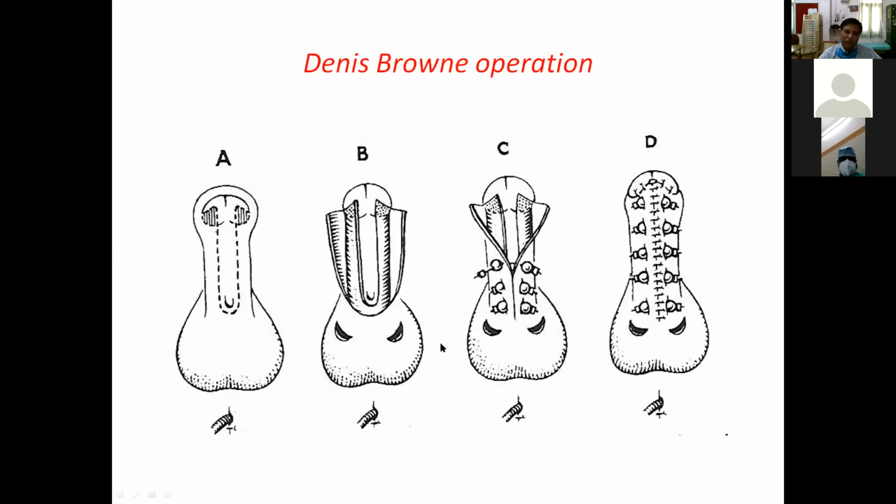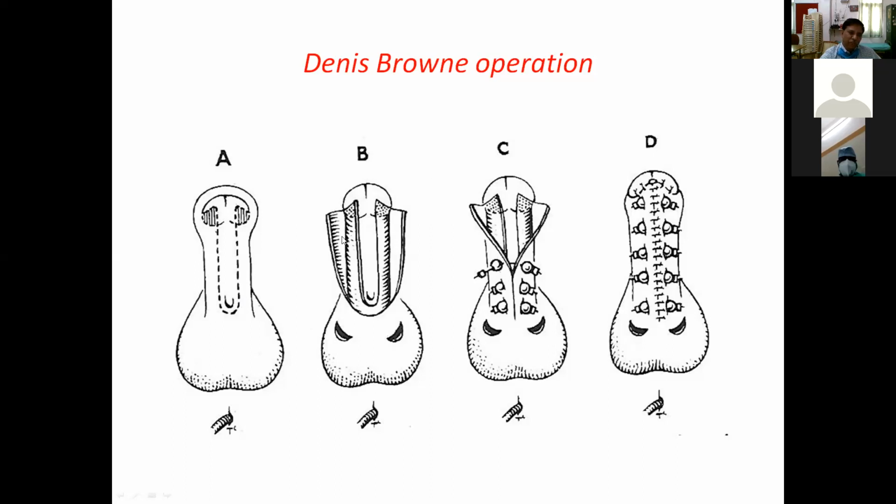This is the classical Dennis Brown operation. This is the external meatus displaced proximally. This is the urethral plate, and on either side of the urethral plate, a little strip, 2 to 3 mm strip of skin is left and incised.